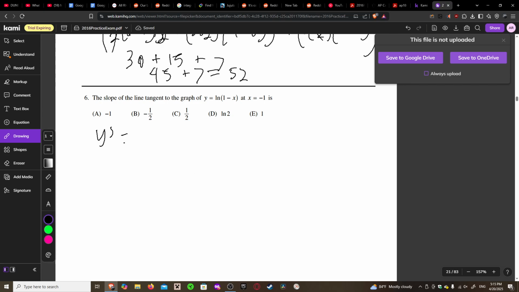So y prime is equal to 1 over 1 minus x, so that means y prime of -1 is equal to -1 over 1 minus -1, which is -1 over 2, -1 over 2.